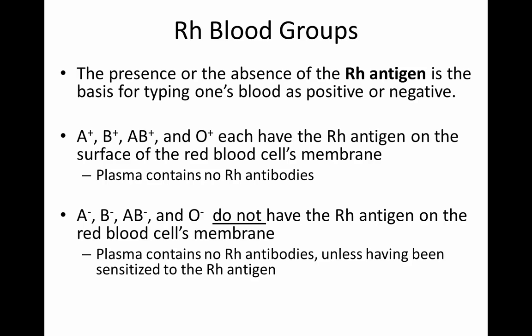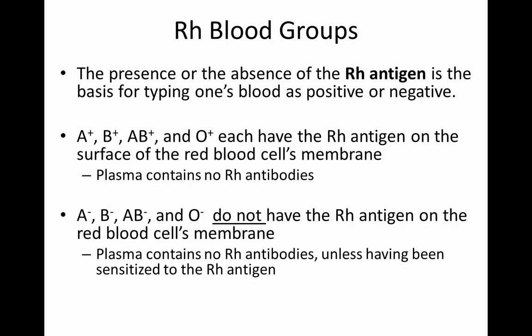Blood types A, B, AB, and O positive each have the Rh antigens on the surface of the red blood cell's membrane. The plasma will contain no Rh antibodies. A, B, AB, and O negative blood types do not have the Rh antigen on the surface of the red blood cell's membrane.